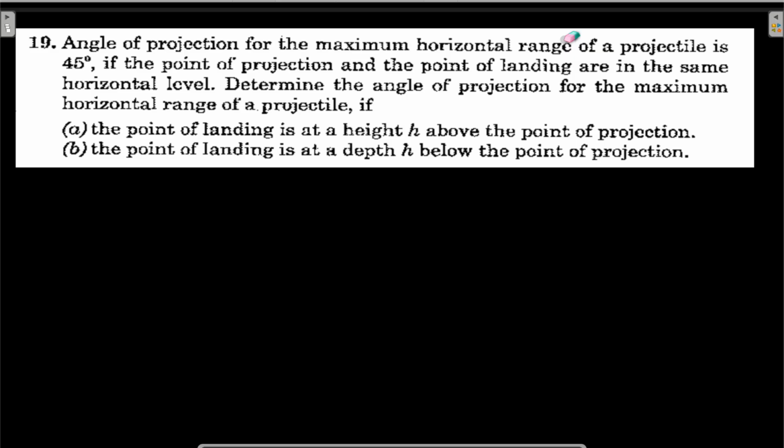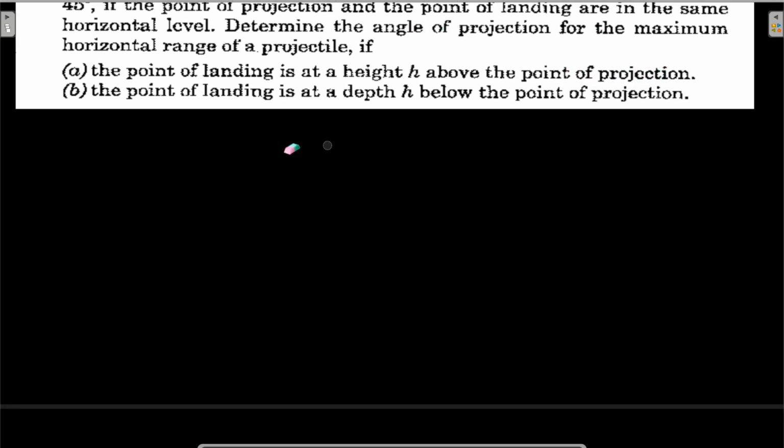This is a known fact already, when both points are on the same horizontal level, that means no vertical difference. Till here we know already. Determine the angle of projection for maximum horizontal range of a projectile if the point of landing is at a height h above the point of projection, and if the point of landing is at a depth h below the point of projection.